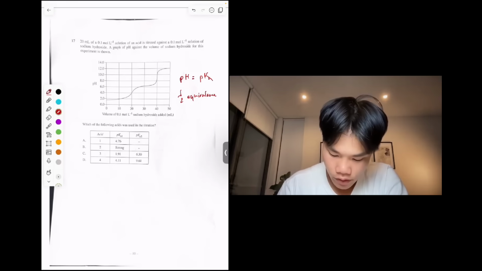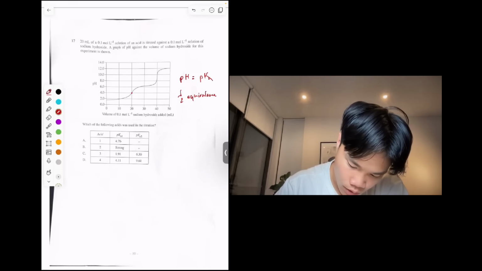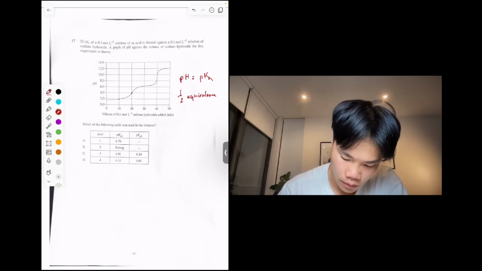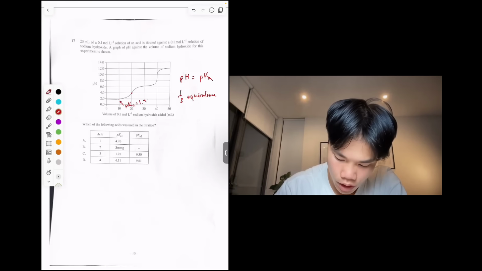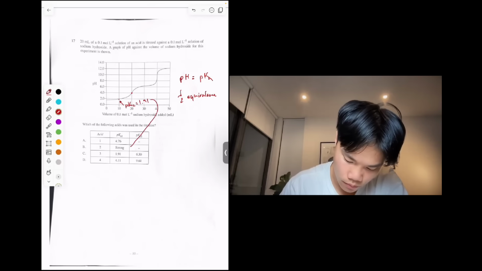So because the equivalence is at 20, at half equivalence, you know that pH equals pKa for the acid, and therefore you would be able to read off the pKa from the graph. pKa being therefore about 1.91, which tells you it's going to be C.